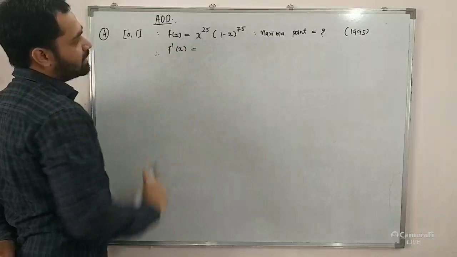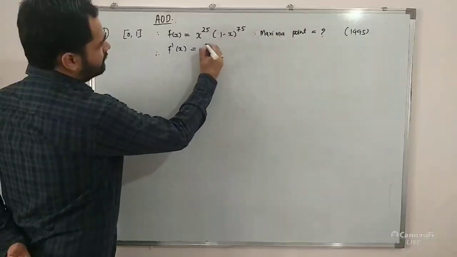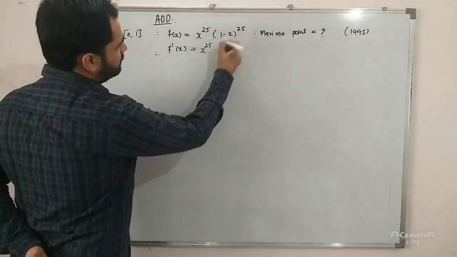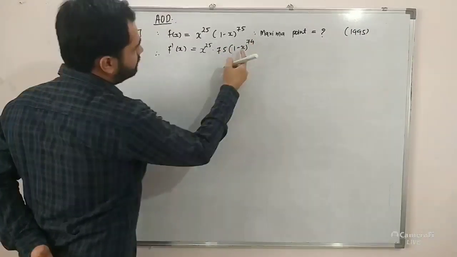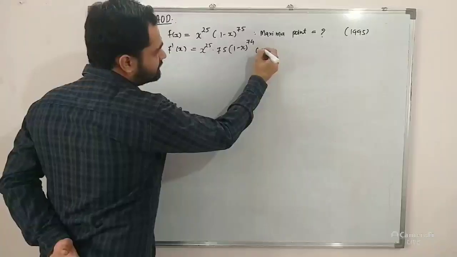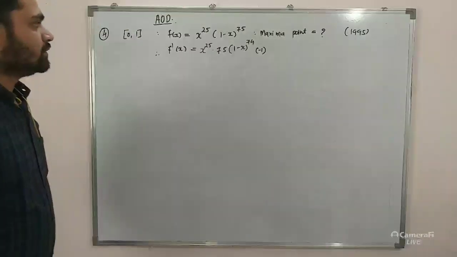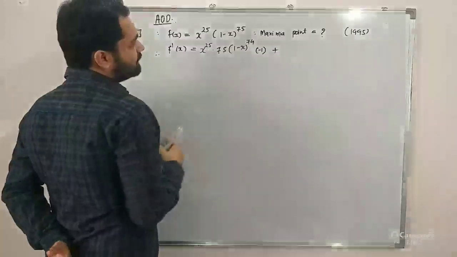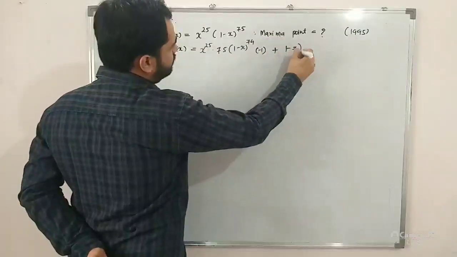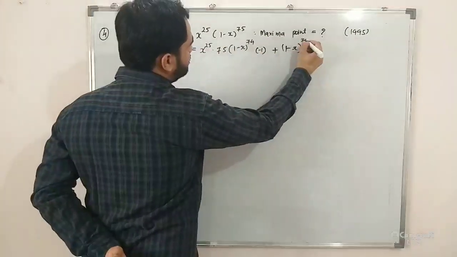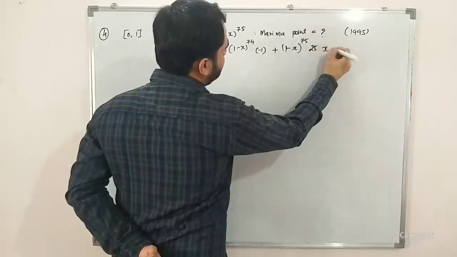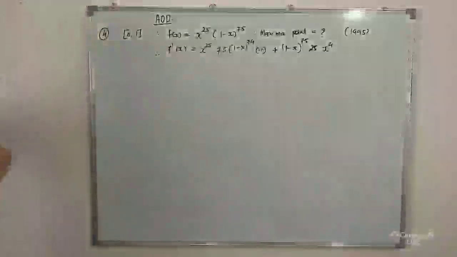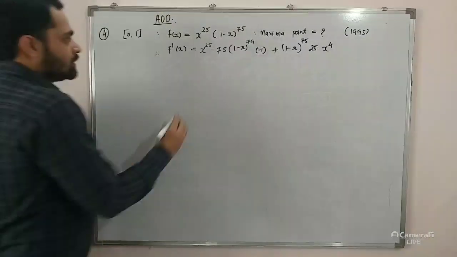So here f dash of x: first term as it is, derivative of the second term is 75 into (1 minus x) to the power 74, and the derivative of 1 minus x is minus 1. Plus second term as it is, so the second term is (1 minus x) to the power 75, and the derivative of the first term is 25x to the power 24.